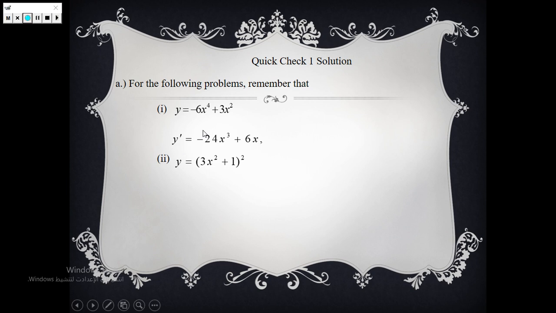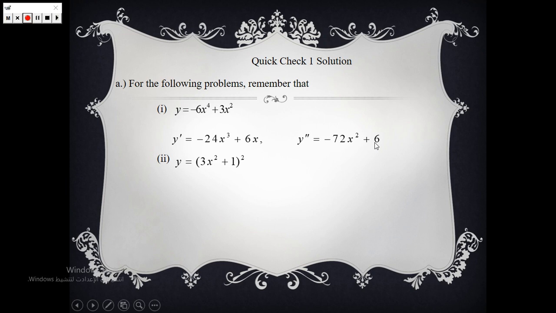First derivative, negative 6 times 4 will be negative 24x power 3, and derivative of 3x power 2 will be 6x. Okay. Second derivative will be negative 24 times 3 equals negative 72x power 2, and derivative of 6x will be 6.